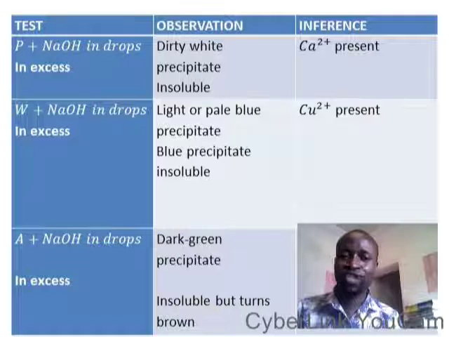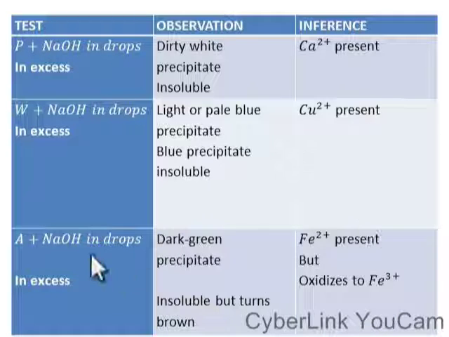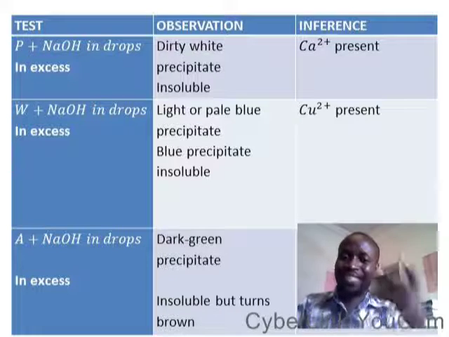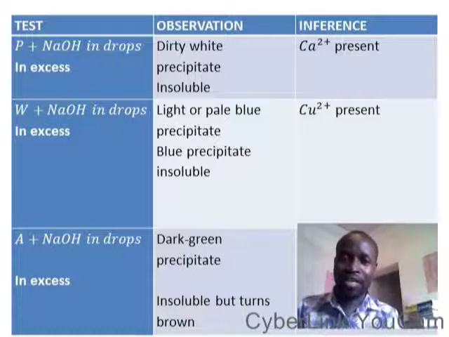If you use sodium hydroxide in drops with a sample and you have dark green precipitate, it is iron 2. Now if you put it in excess and the precipitate turns brown, it is iron 2 that has oxidized to iron 3.